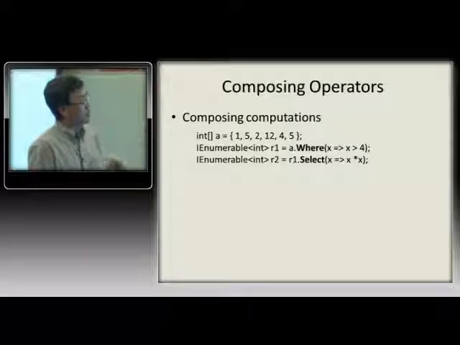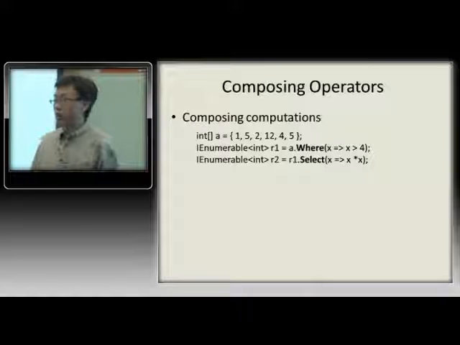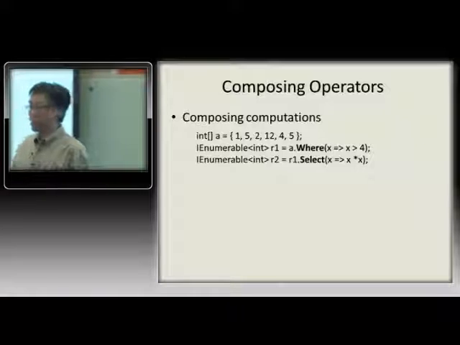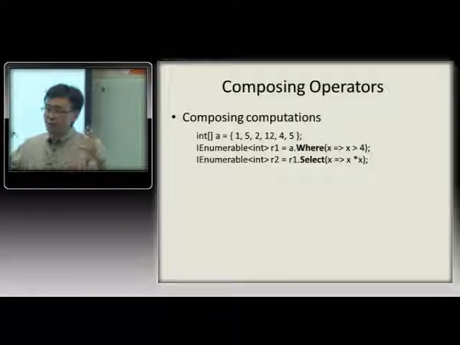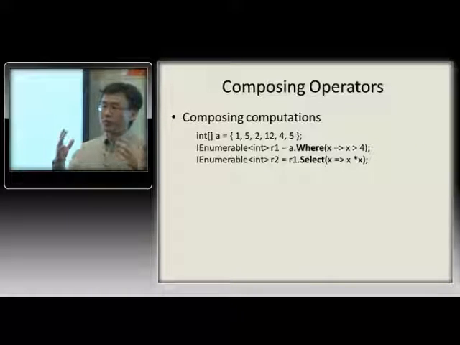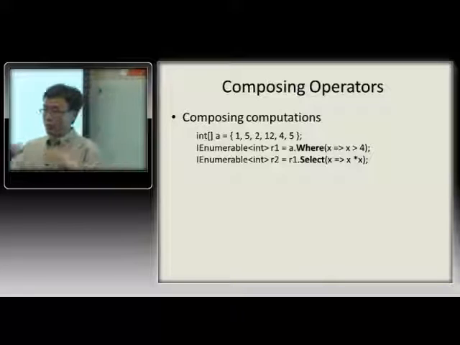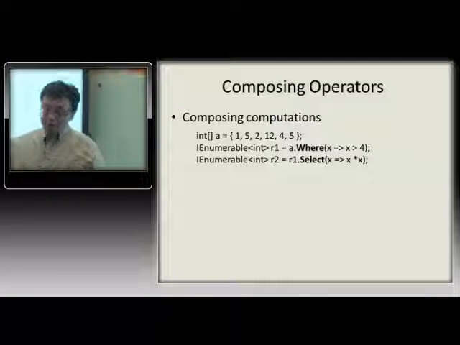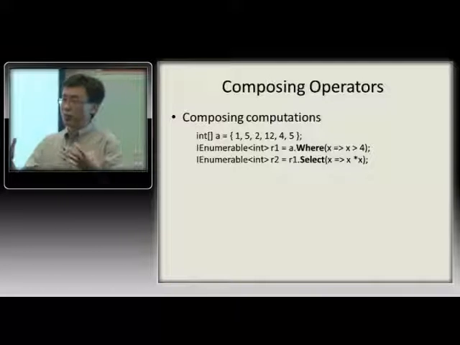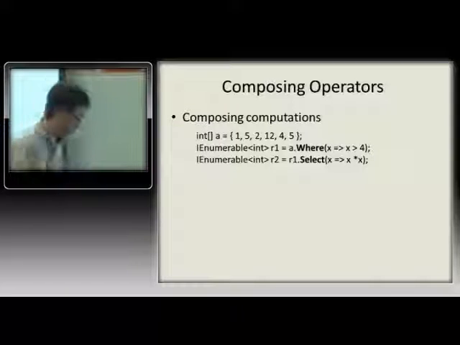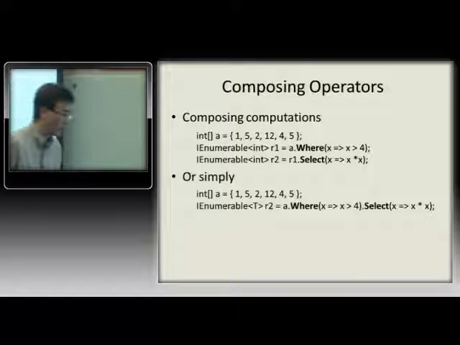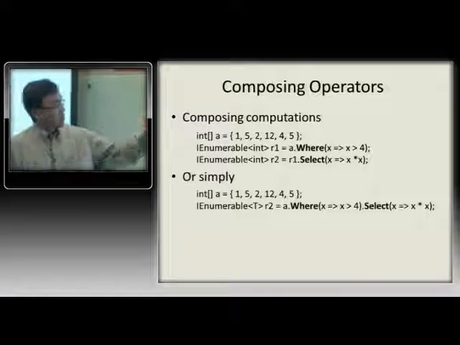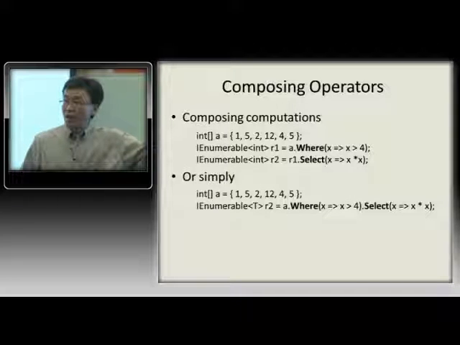I can subsequently apply the select operator, and that gives us another collection of integers. So this set of operators is very nice in a way: because they operate on collections and return collections, you can just compose them. Or you can simply write collection.where and .select.